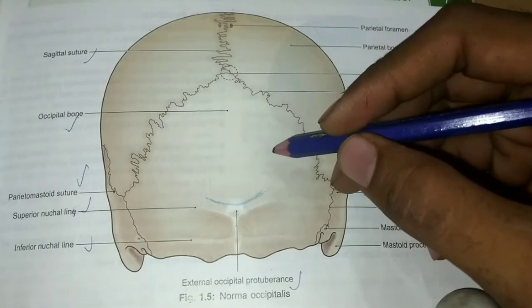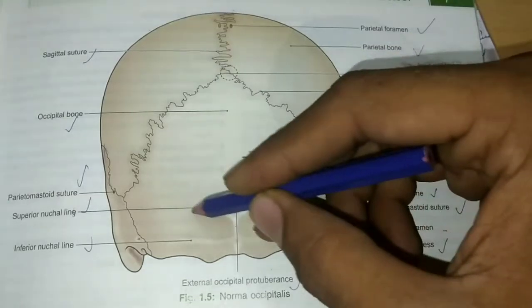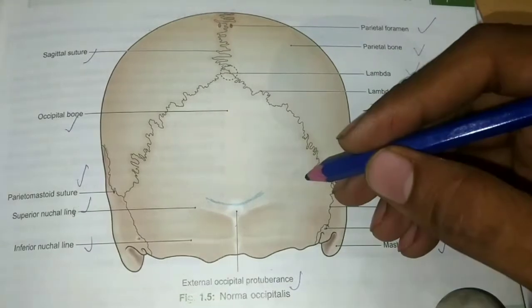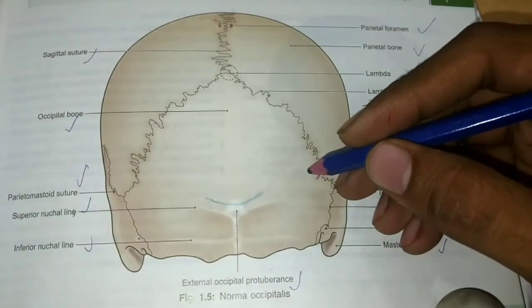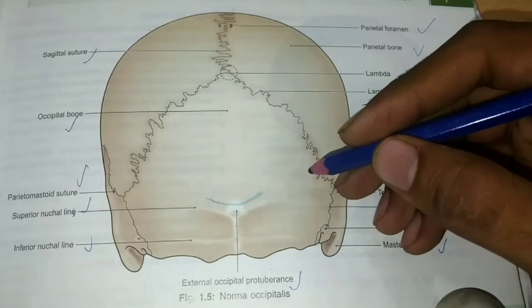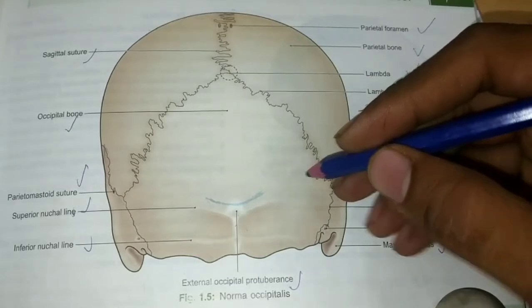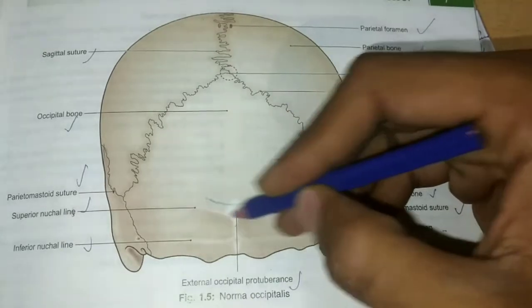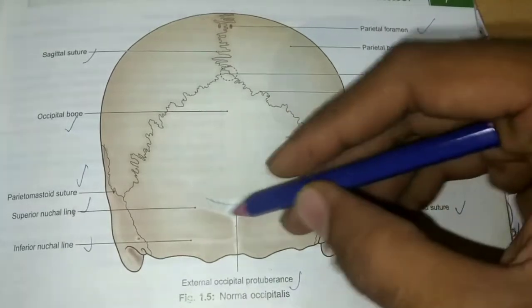Now coming to the superior nuchal lines. This one is the superior nuchal line. So what is the superior nuchal line? The superior nuchal lines are curved bony ridges passing laterally from the protuberance. This one is the external occipital protuberance and these ones are the superior nuchal lines.